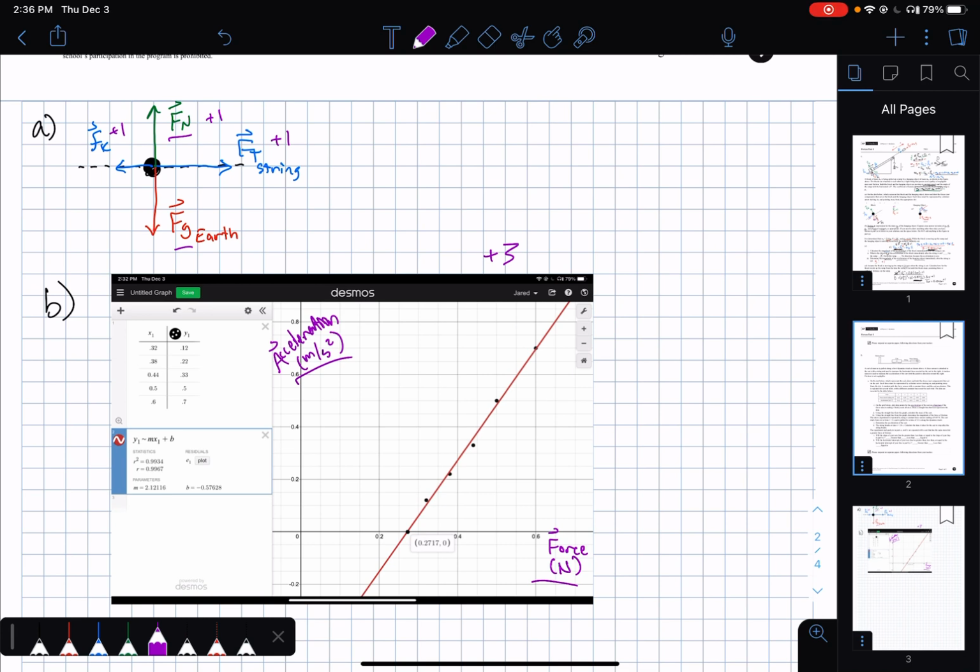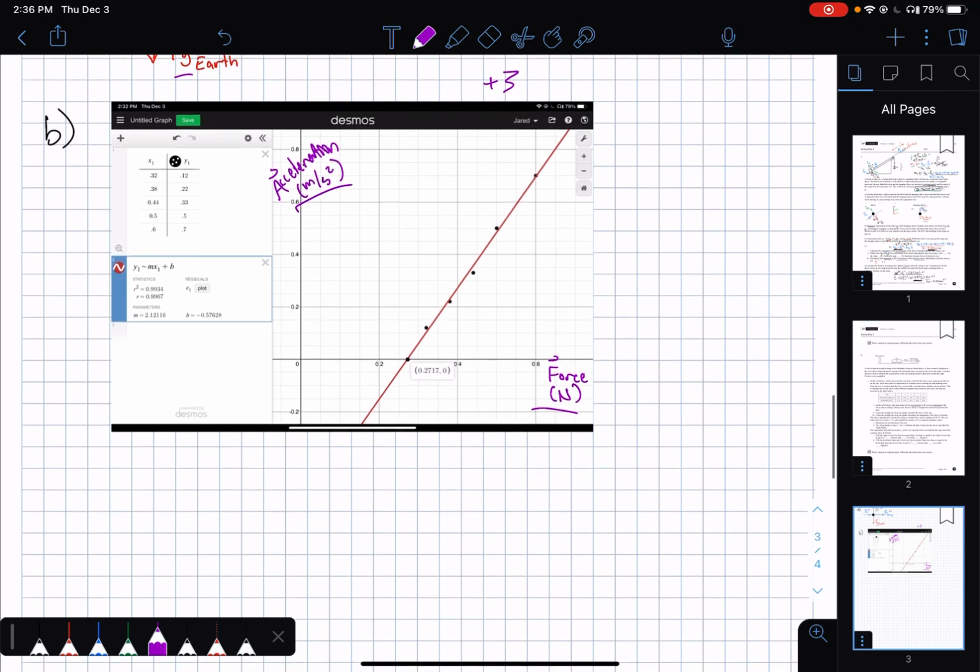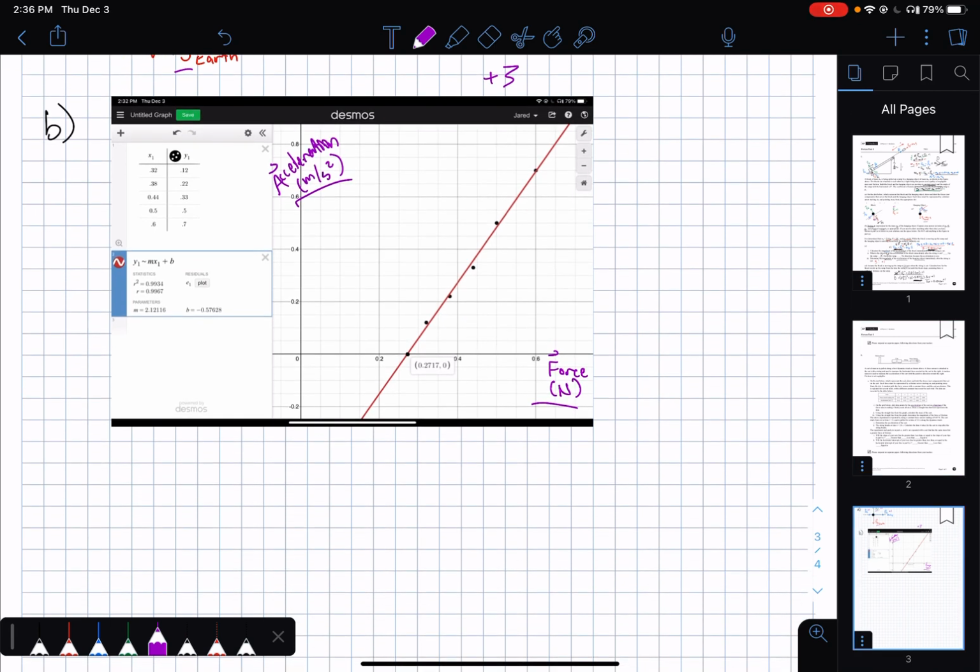The next part is using the straight line, calculate the mass of the cart. So this is showing acceleration and then the force on that force sensor. The summation of our forces is equal to an object's mass times its acceleration.